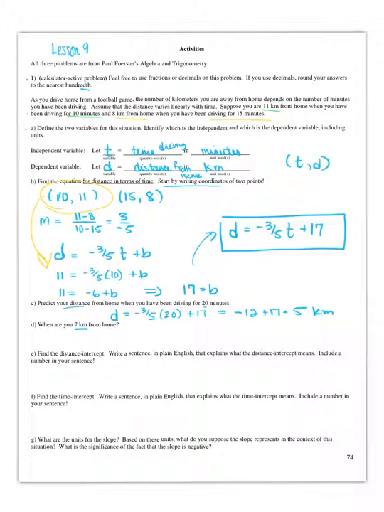Next it says, when are you 7 kilometers from home? This is giving me a d and asking me to find a t. So I plug in 7 for d and solve for t.